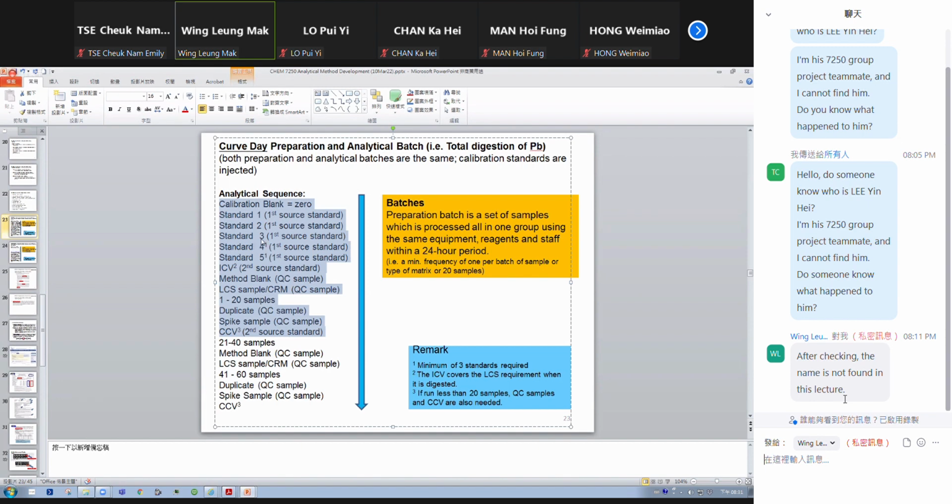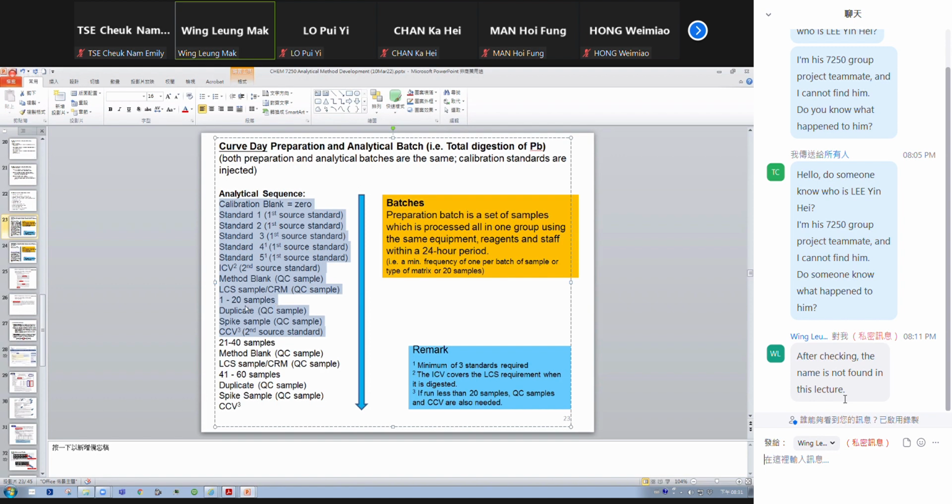For example, if this one is 3 ppm and your CCV is 2.9 ppm or 3 ppm, it should pass. And if so, the results of those 1 to 20 samples can be released. Those are the QC checks. After the QC passes, the result can be released.